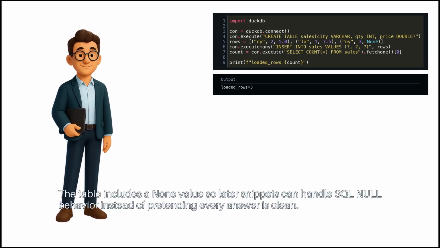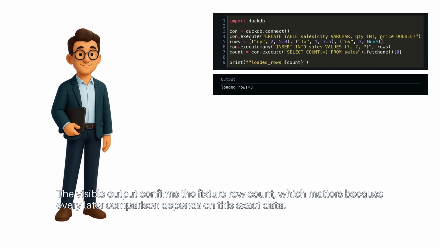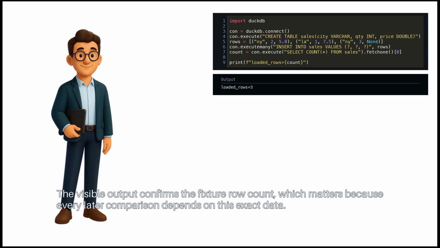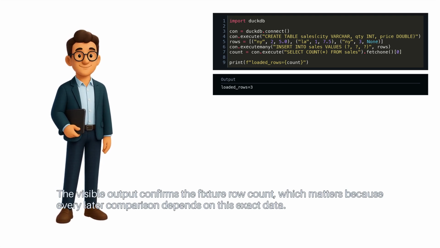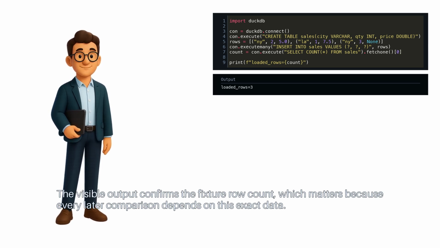The table includes a None value, so later snippets can handle SQL null behavior instead of pretending every answer is clean. The visible output confirms the fixture row count, which matters because every later comparison depends on this exact data.